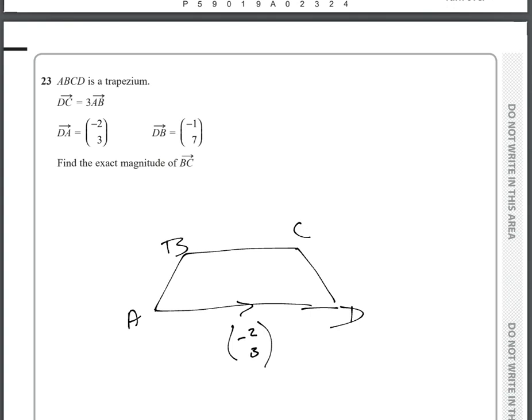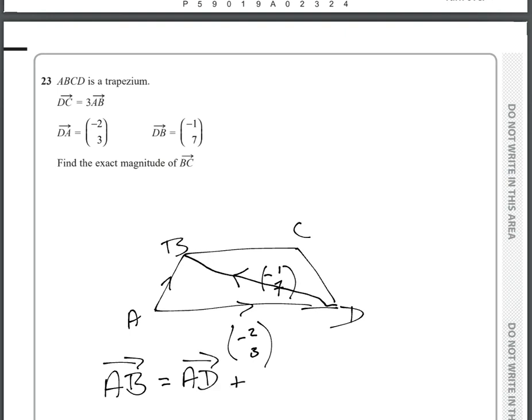D to B is minus 1, 7. I've got D to C, so I can work out A to B. So to get from A to B, I go from A to D, and then add D to B.